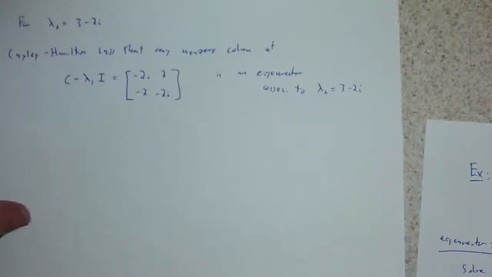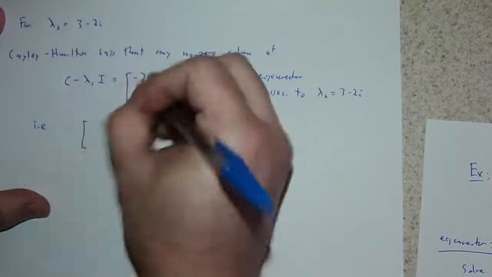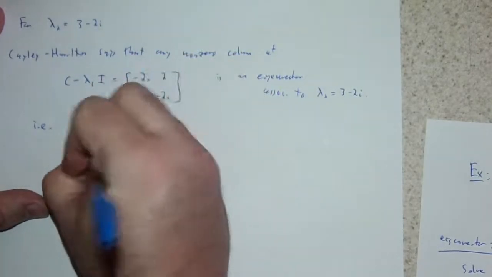Just pick the first one. Minus 2i, 2 works.